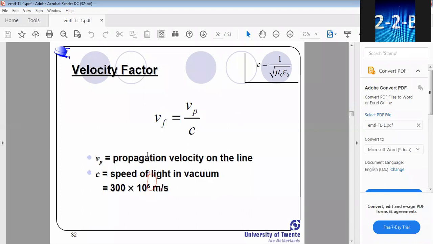When they ask what the velocity factor is, simply mention the velocity of a wave in a wired medium with respect to a wireless medium. Then you are able to get the velocity factor.